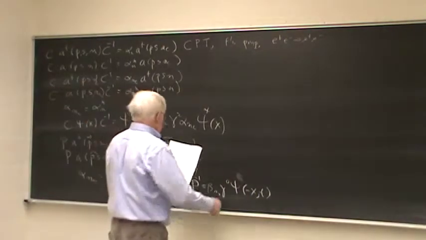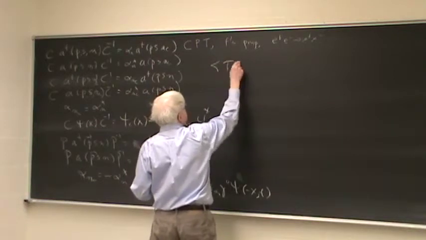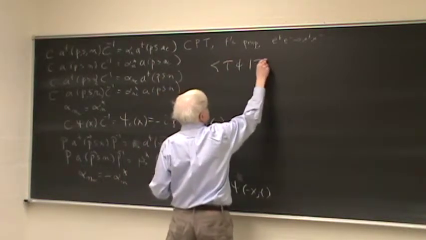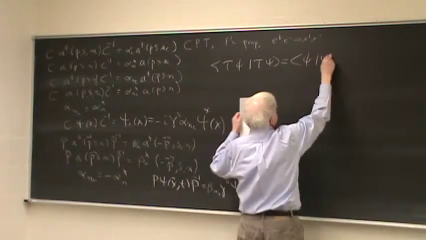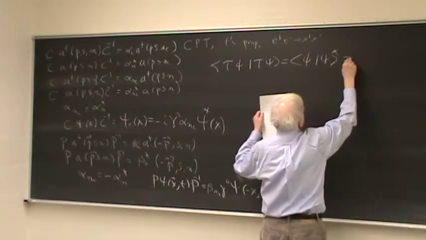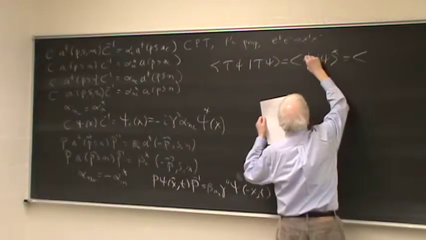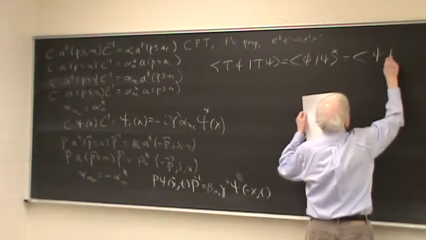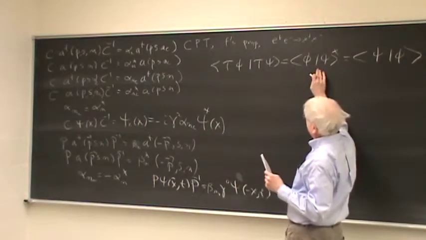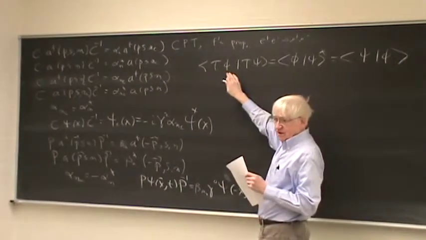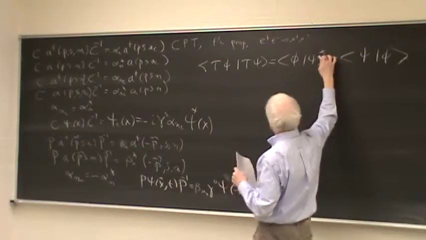And what we mean by that is that T on some state phi, T on some state psi is phi psi complex conjugate, which is psi phi.